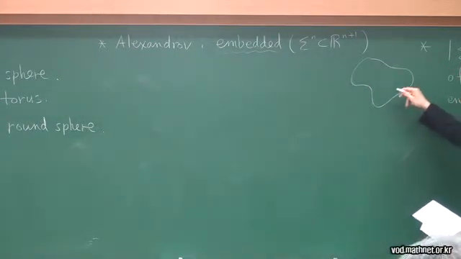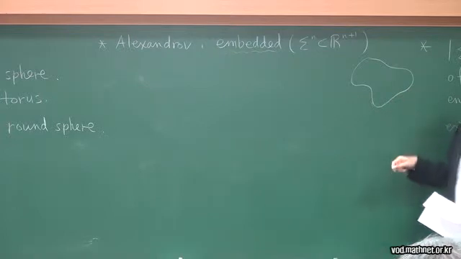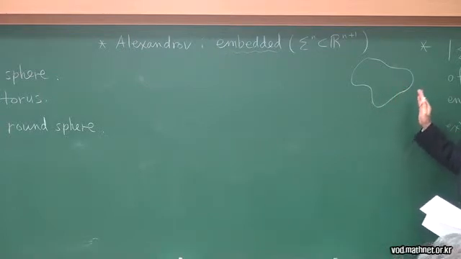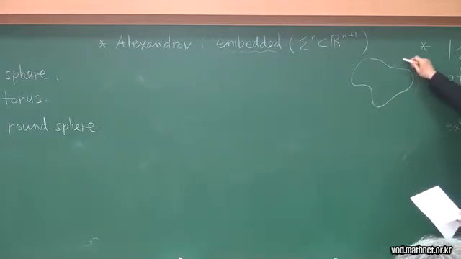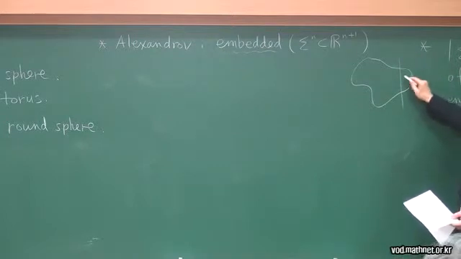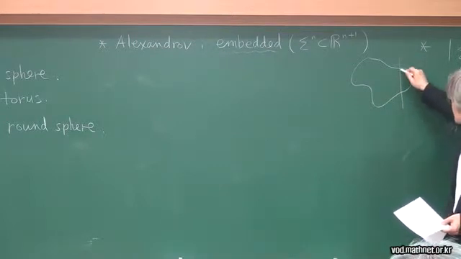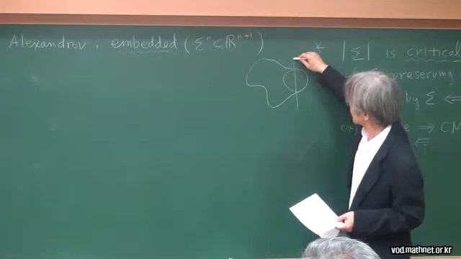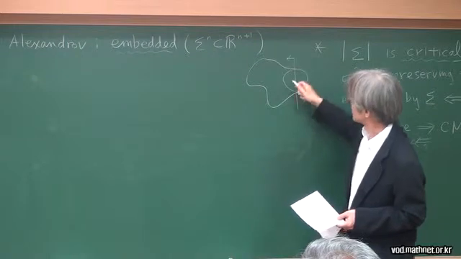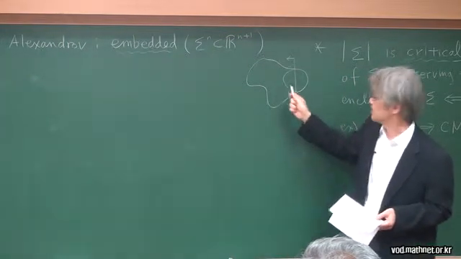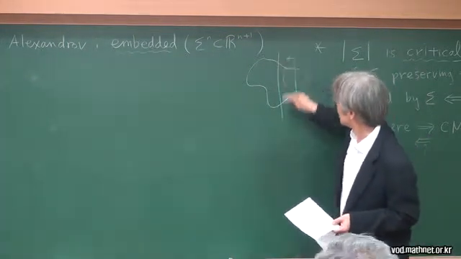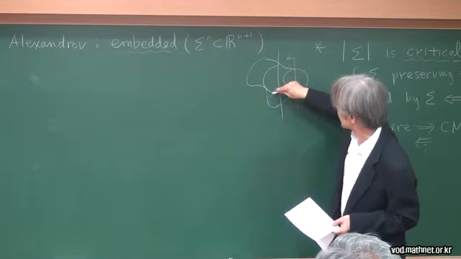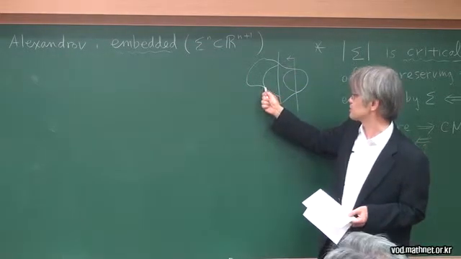For example, here we apply the moving plane argument or reflection principle. The idea is to reflect this part of the surface across this vertical plane to get this, and then move this vertical plane to the left together with the reflection until we obtain an interior touching point.